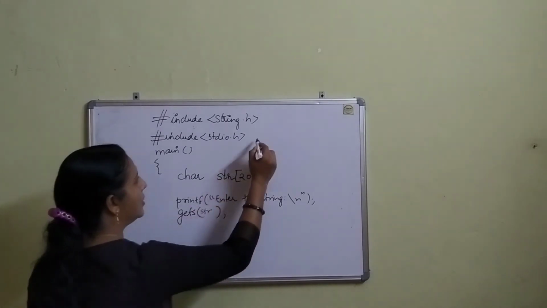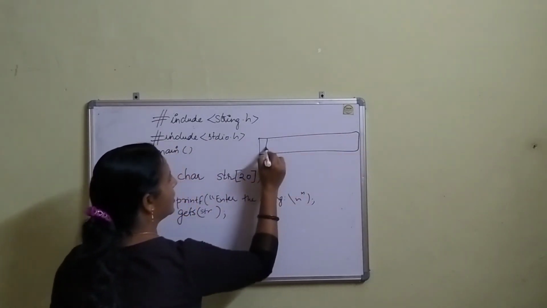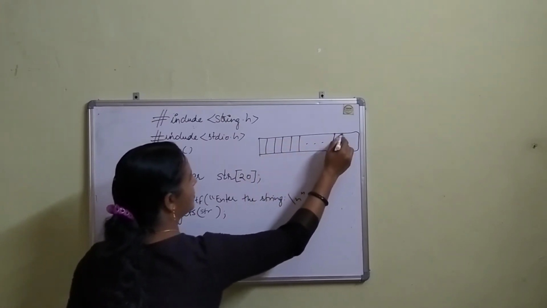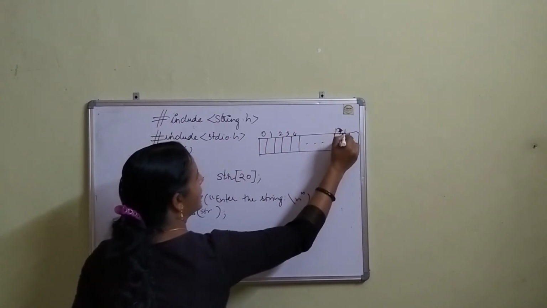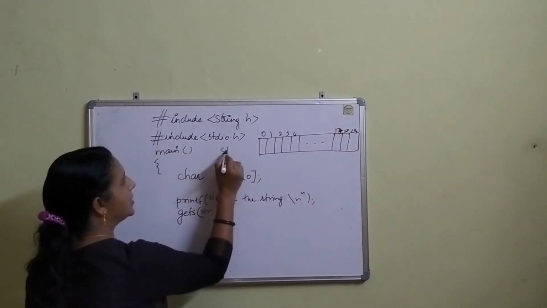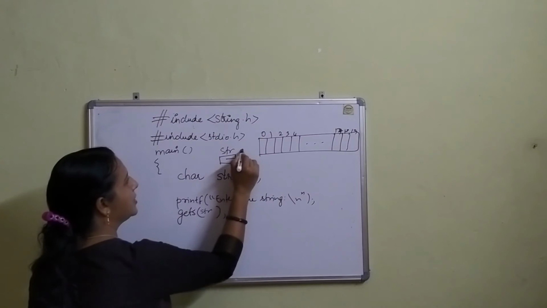So what happens? You will have a character array here with size 20, indexed up to 17, 18, 19, and this is str. The base address is stored here.